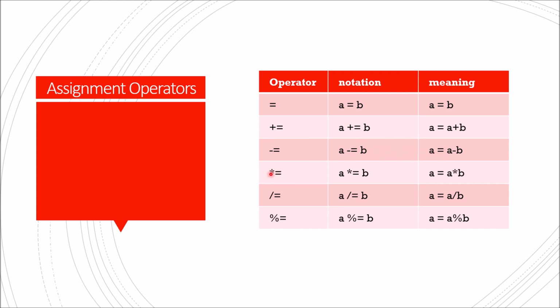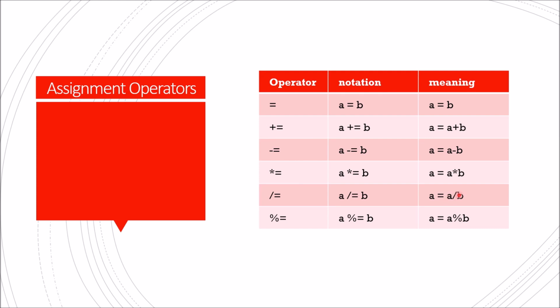This will be the same. Multiplication and equal sign will be that you are multiplying a by b and storing the result back in a. Okay, have a look here. The same for the other operators. A divided by b and storing back in a, just like in here.